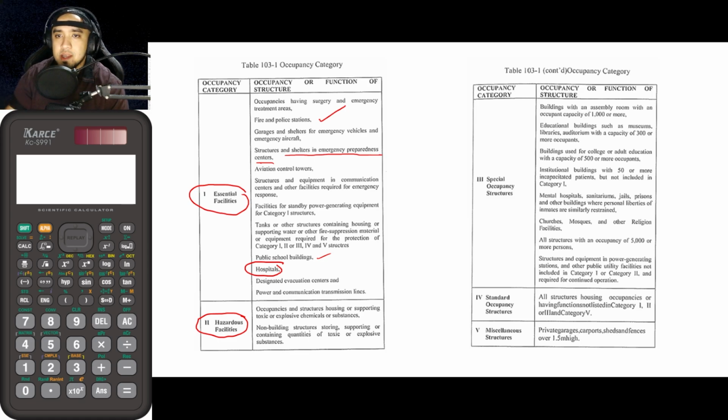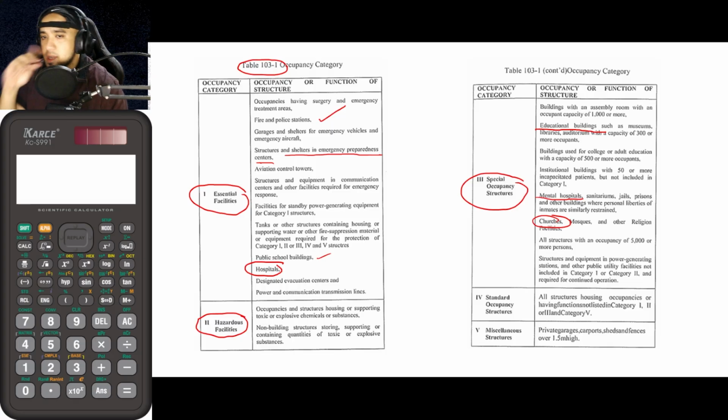Occupancy category 3 is for special occupancy, which again includes the following but is not limited to: educational buildings, let's say mental hospitals, churches, and etc. You could actually read all of the inclusions in Table 103-1, occupancy category.